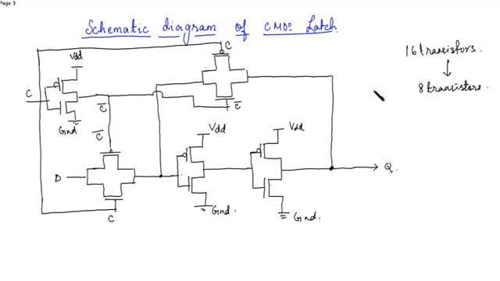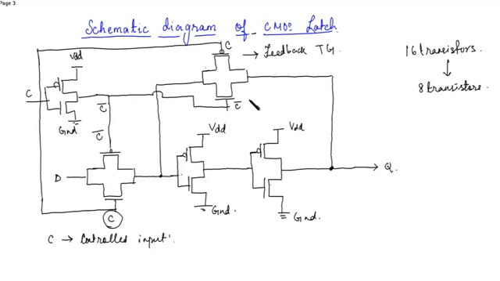So now the transmission gate which is present over here is controlled by the input C. This is the control input C. There is a feedback transmission gate, which is controlled by the negation of C, that is C bar.